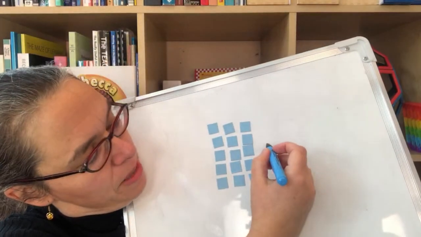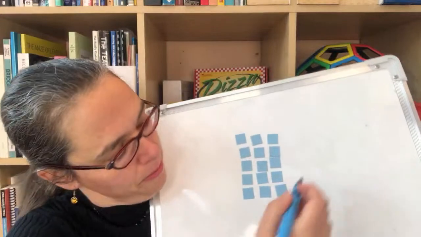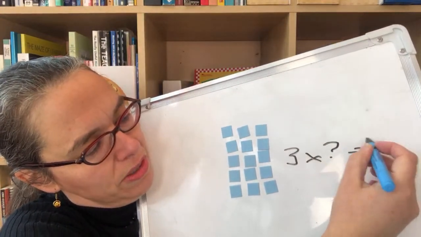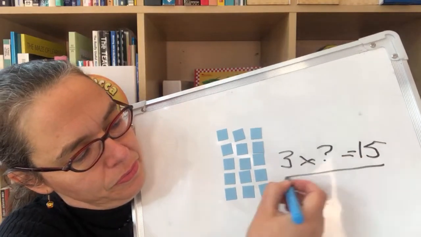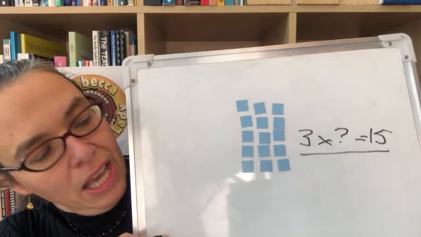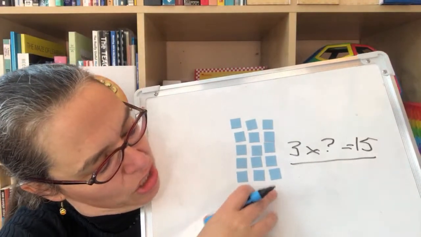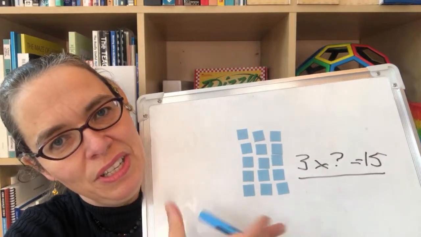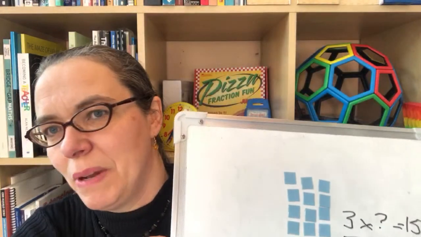So 15 divided by 3 is essentially 3 times what equals 15. It's the same question, 15 divided by 3. And in multiplication, one number is the number of groups and the other is the size of a group. So it kind of explains both.